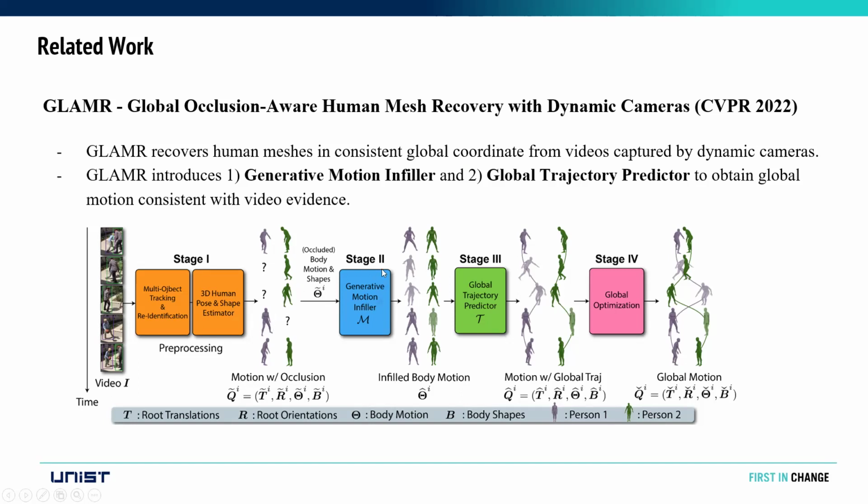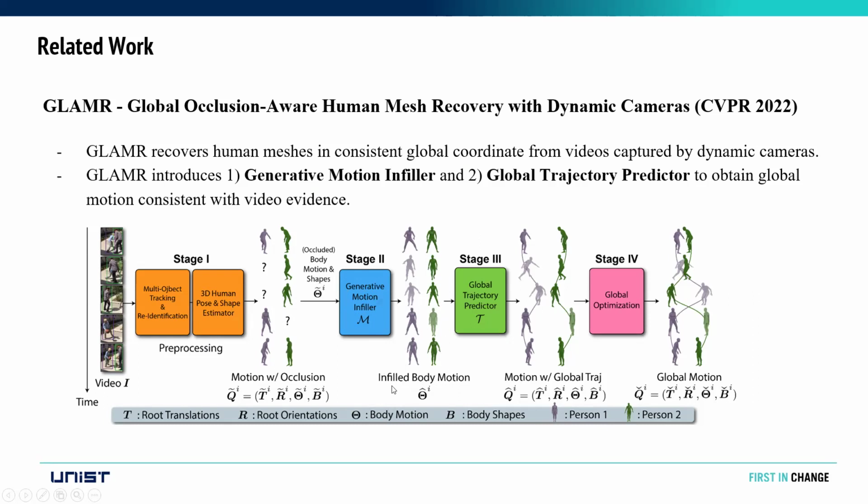At the second stage, it takes the occluded body motion to the generative motion infiller, with the job to autoregressively infill the missing human body and output an occlusion-free body motion.